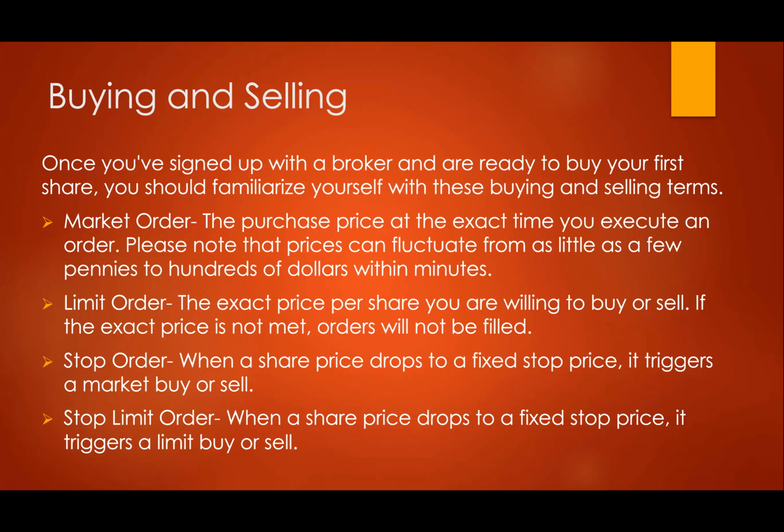The limit order is an exact price you're willing to pay, or buy or sell. So again, using Nike as an example, if you only want to pay $99 per share, even though the current market price is 100, your limit order will not execute until the price of Nike drops to exactly $99 before the broker will execute your order.